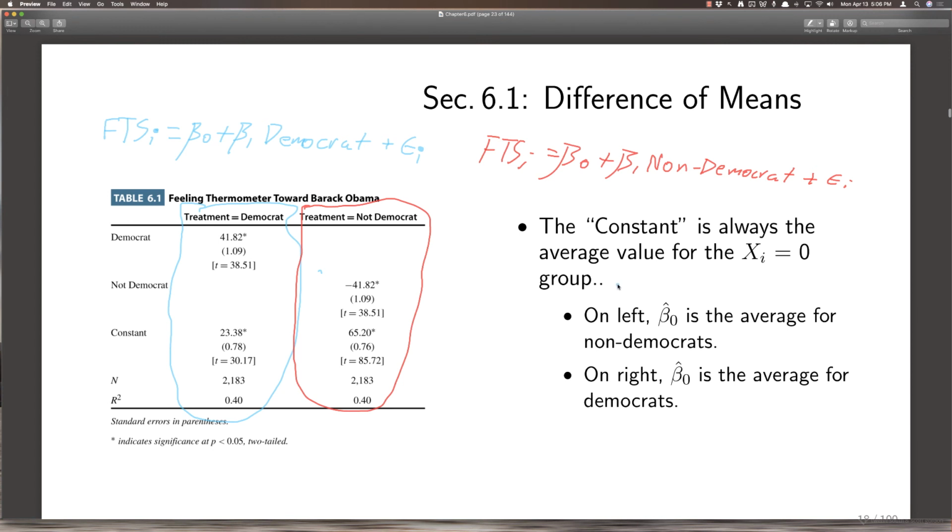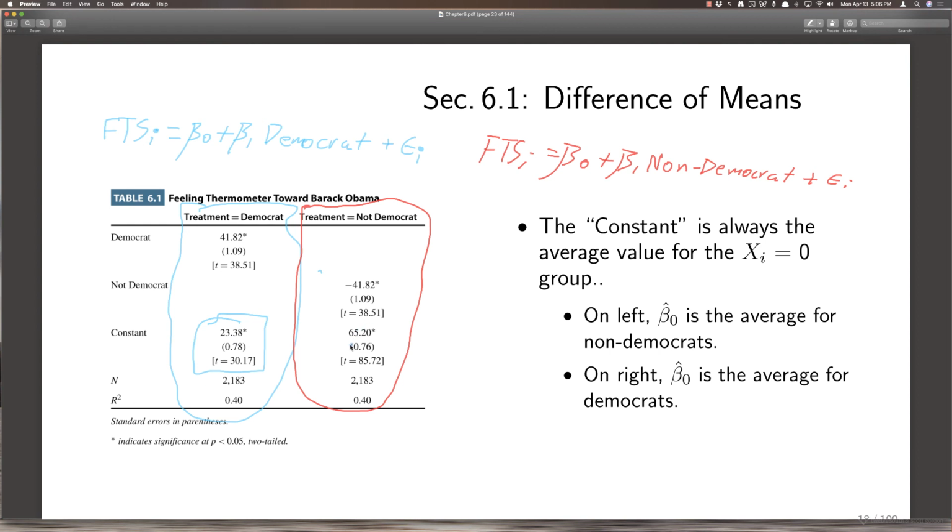Okay, so first thing to note is that the constant is always going to be the average value for the group that got a 0. So here, in this first column, the constant right here is the average feeling thermometer score for Obama for people who were not Democrats, all right? That's how you interpret the constant.